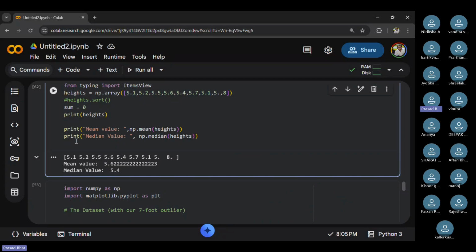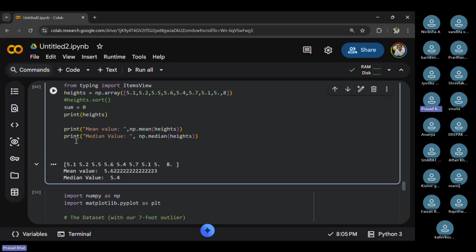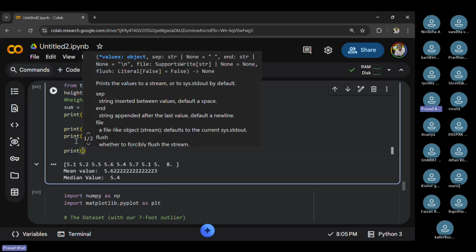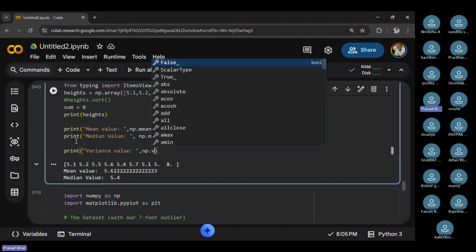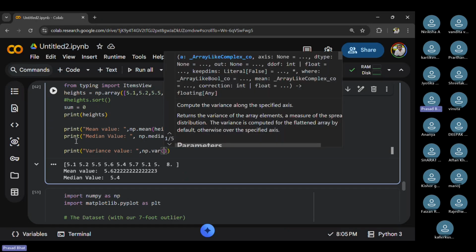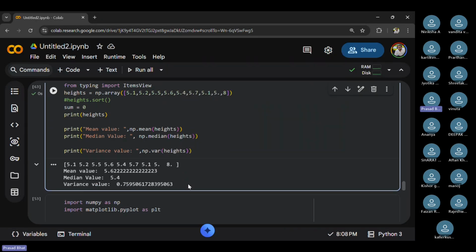So that is that. After that, if you want to calculate the variance, for that also we have a fixed formula or function written already. Variance value is what? np.var of heights. Okay, variance value 0.759. That is close to 7.6.